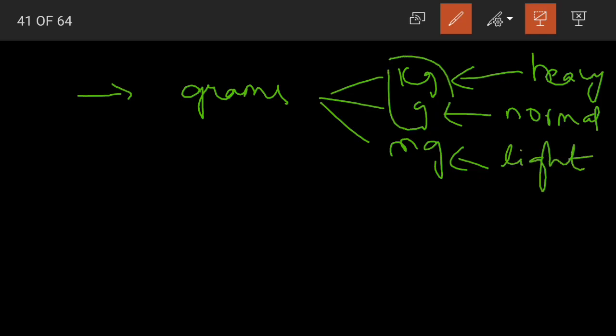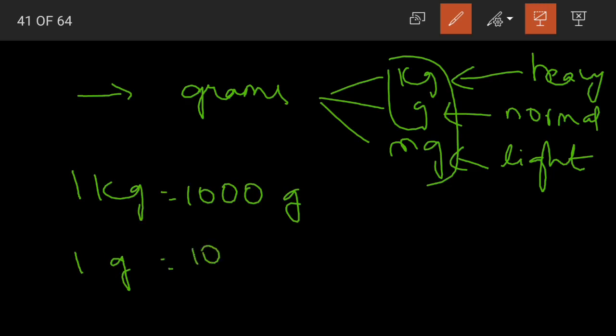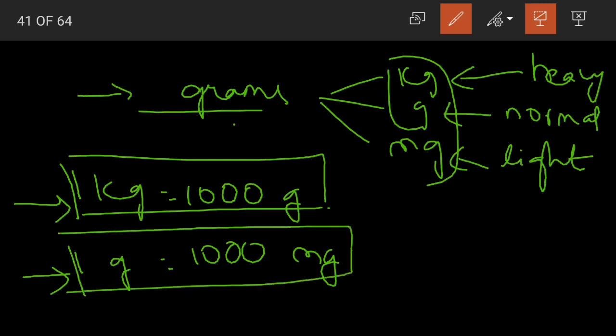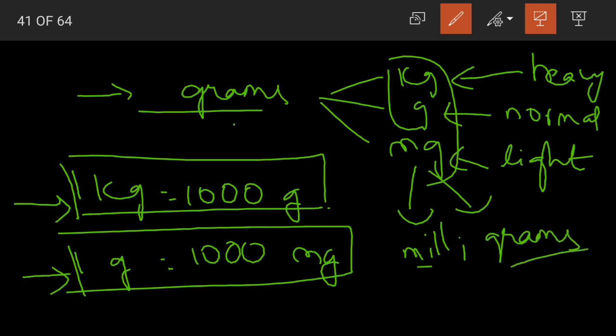Now what is the relationship here? 1 kilogram is equal to 1000 grams and also 1 gram is equal to 1000 milligrams. These are the 2 points that you have to understand from the topic of measurement of mass. M for milli, G for grams: kilograms, grams and milligrams.